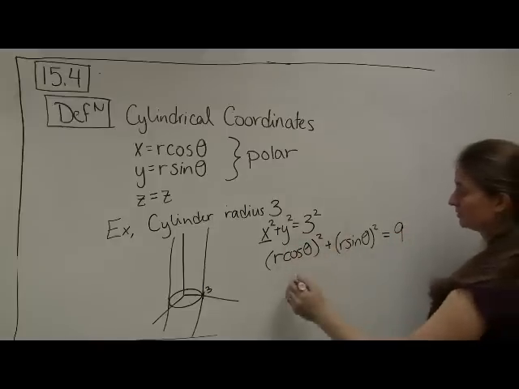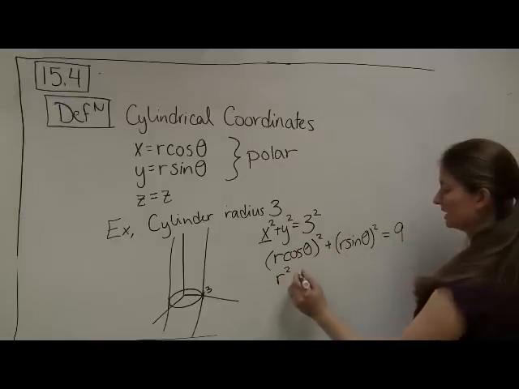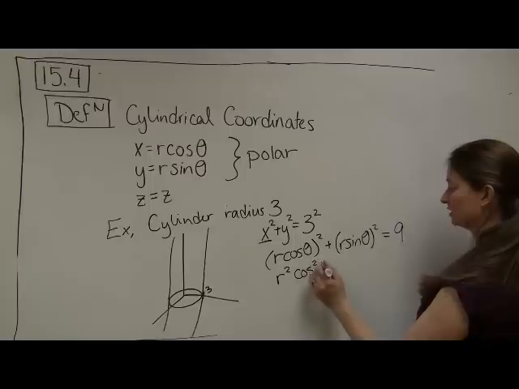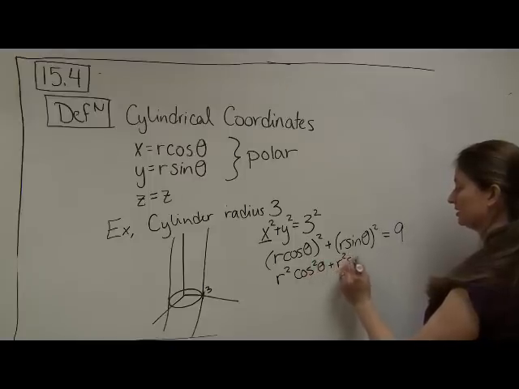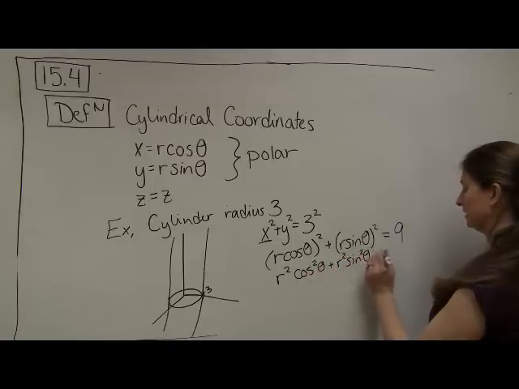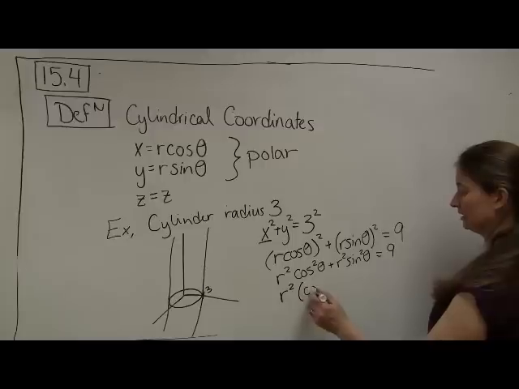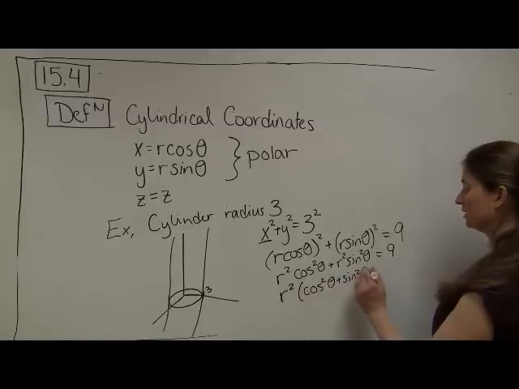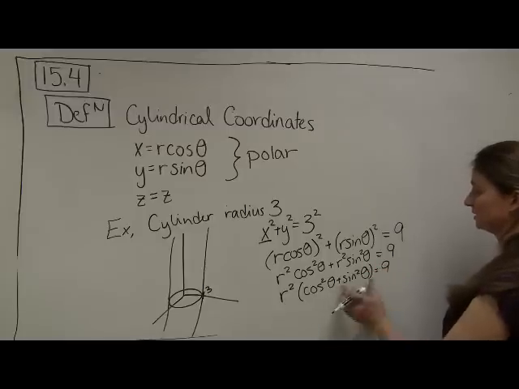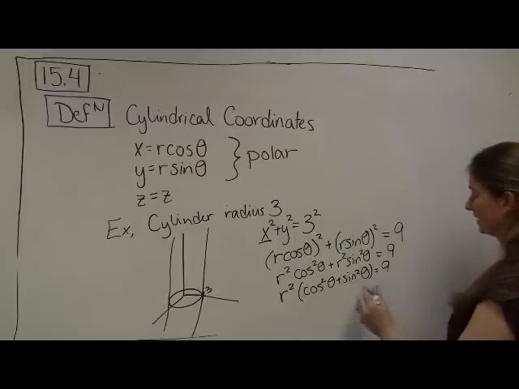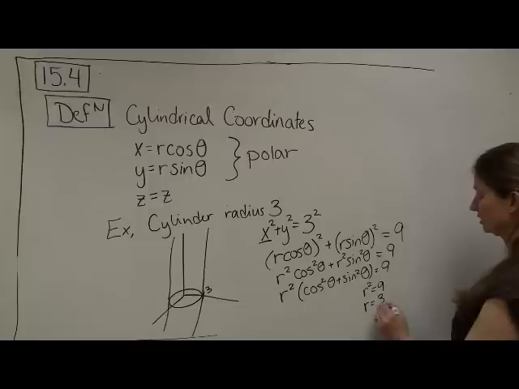I can distribute the squares, and I get r squared cosine squared theta plus r squared sine squared theta is equal to 9. I can factor out r squared, and I get r squared times (cosine squared theta plus sine squared theta), and we know that cosine squared theta plus sine squared theta is just equal to 1. So my equation is r squared equals 9, or r equals 3.